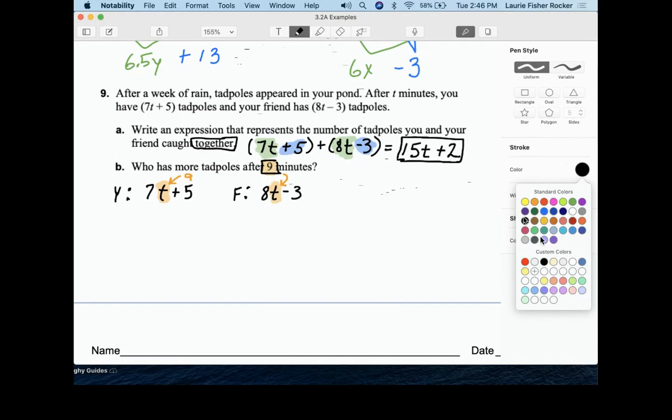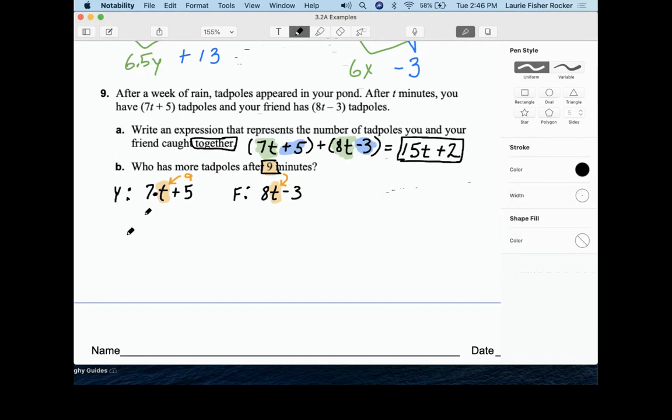So 7T, so 7 times T, is going to become 7 times 9 plus 5. 7 times 9, 63, plus 5, 68. So after 9 minutes, you would have 68 tadpoles. Okay, your friend, 8 times 9 minus 3, 72 minus 3.